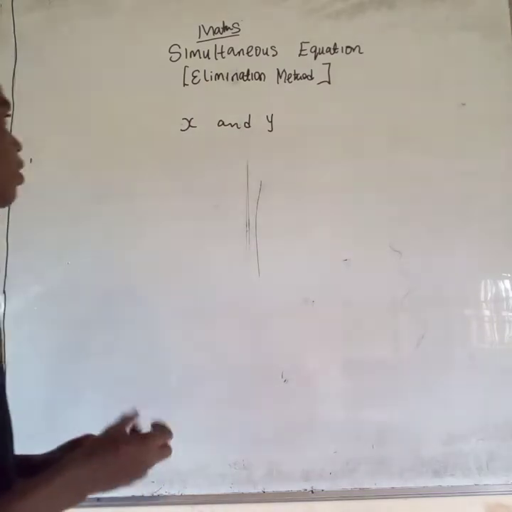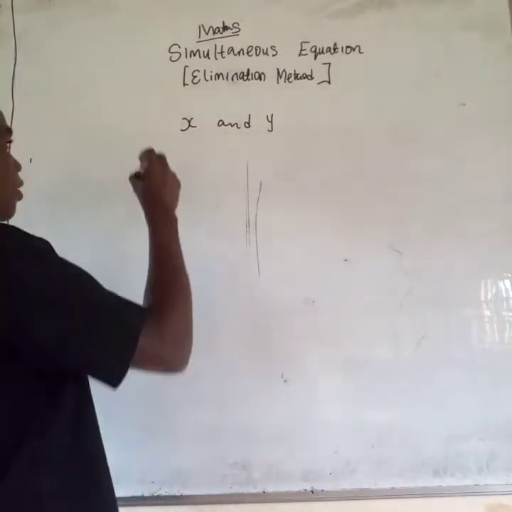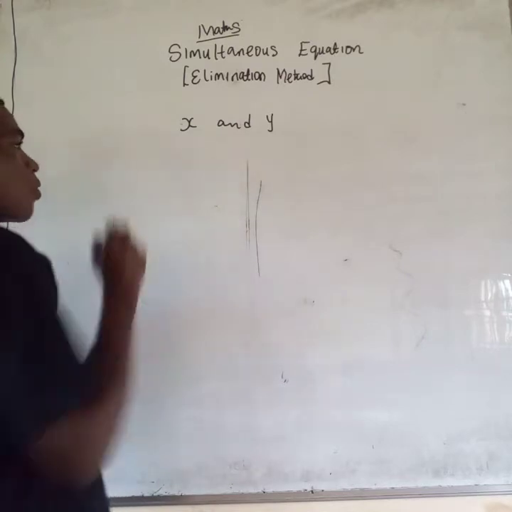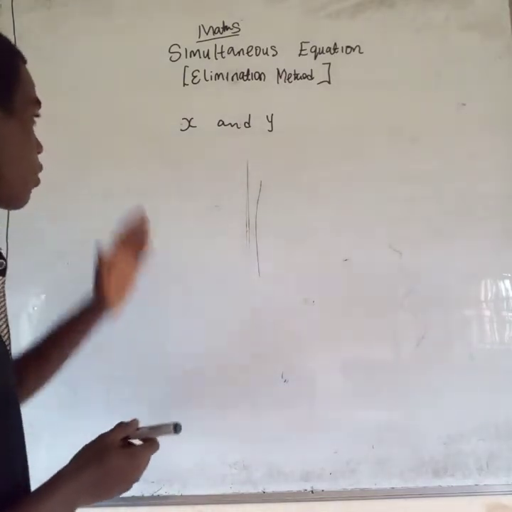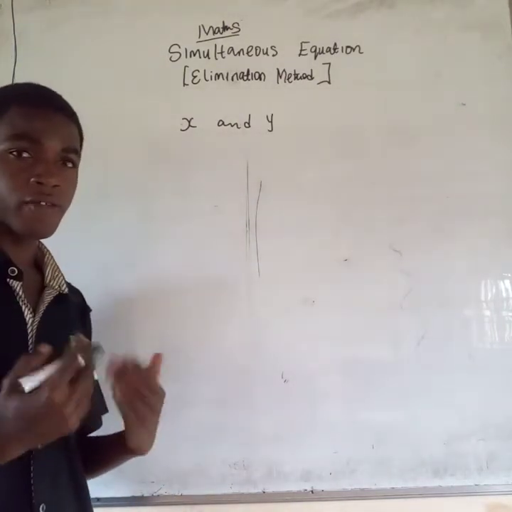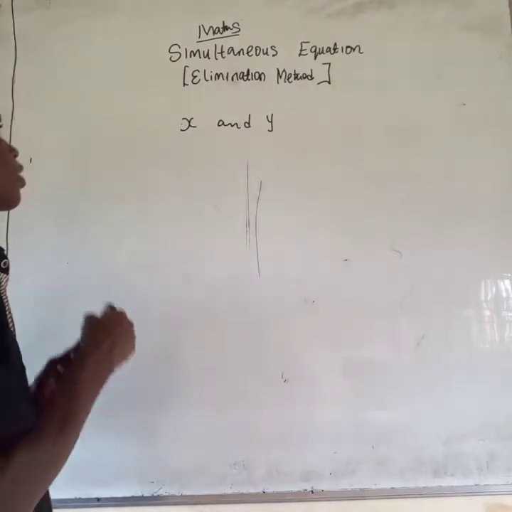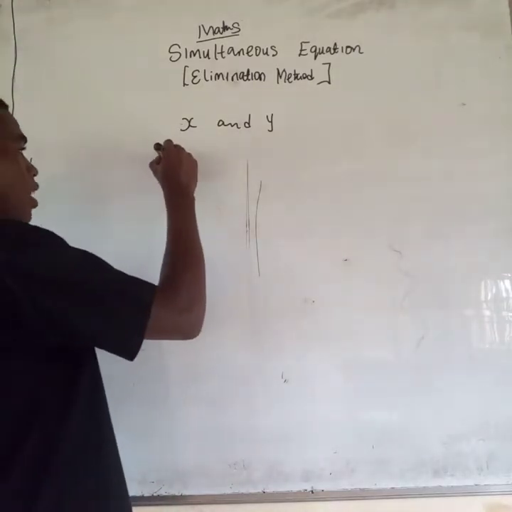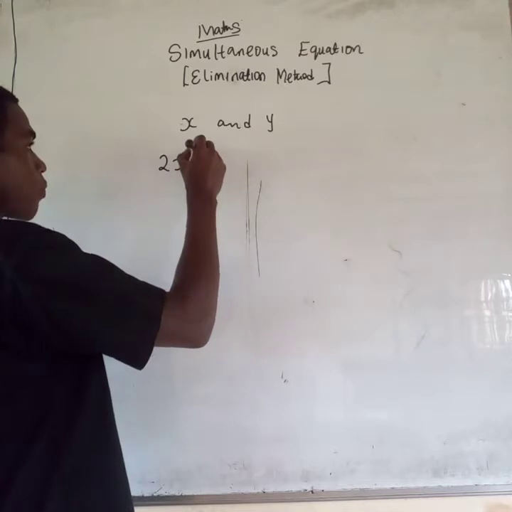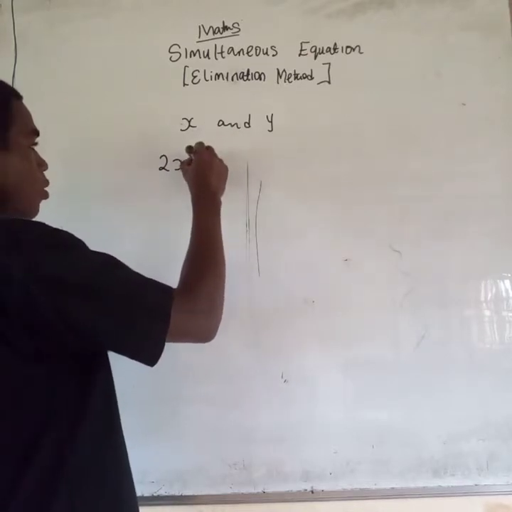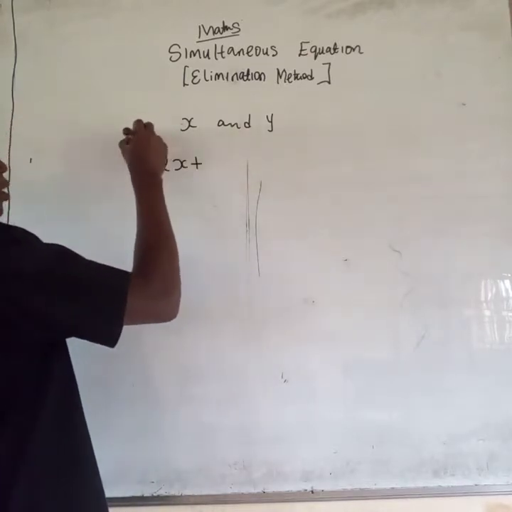Now let us take an example, a simple example. Let's start with a simple example. Now, the example I will give, we explain the steps involved. So first of all, example 1.